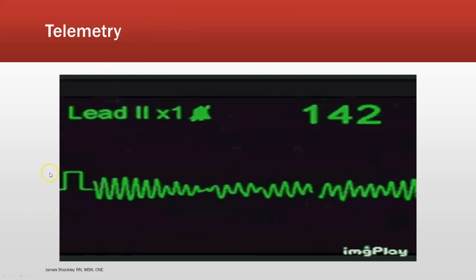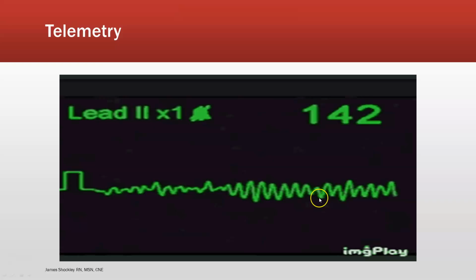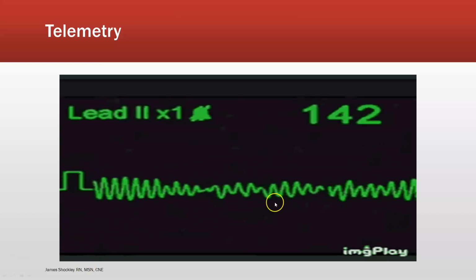Again, here's our VFib, VTAC. A lot of times I hear these terms used interchangeably, and it's just because they have so much going on in their telemetry monitor or their 12 lead or in their heart rhythm that they're going in and out of a lot of it.